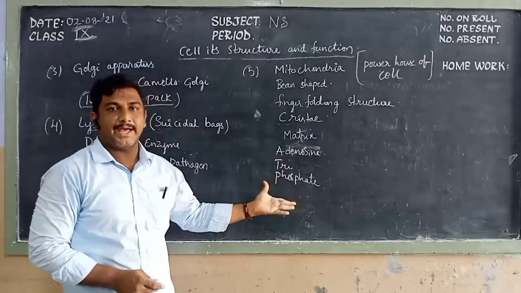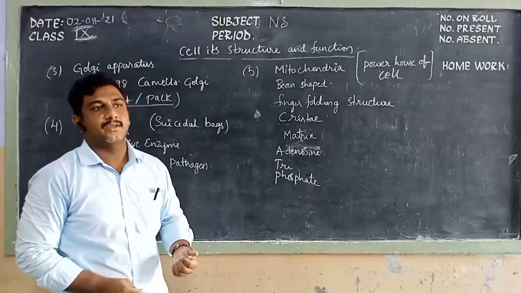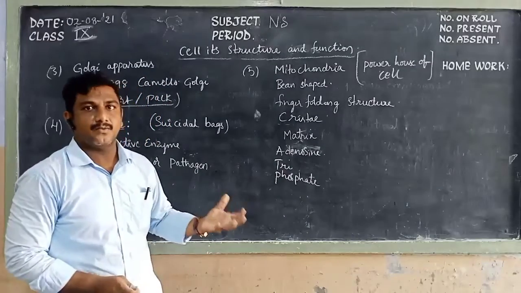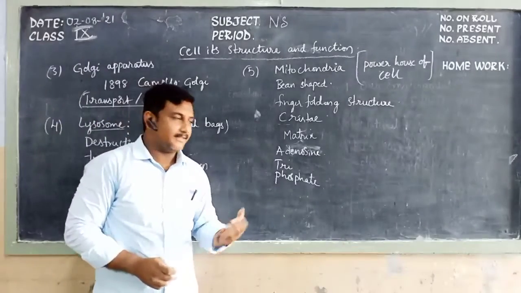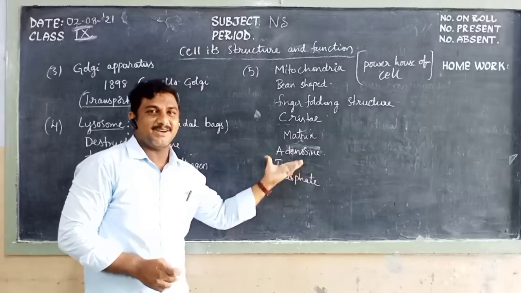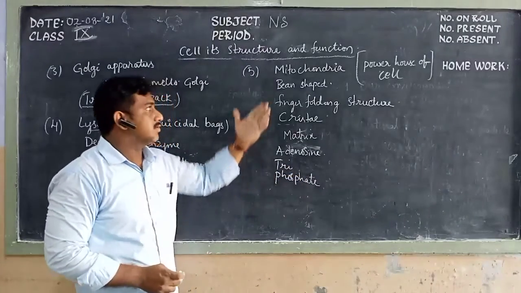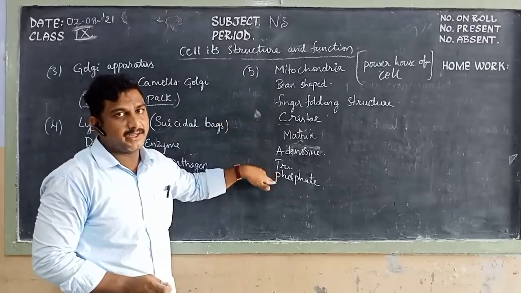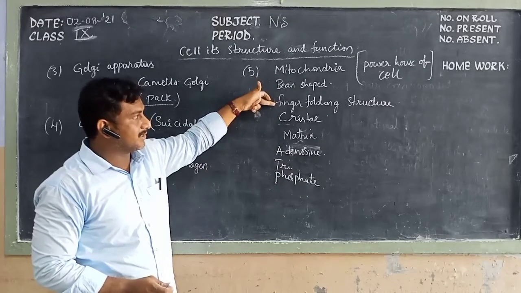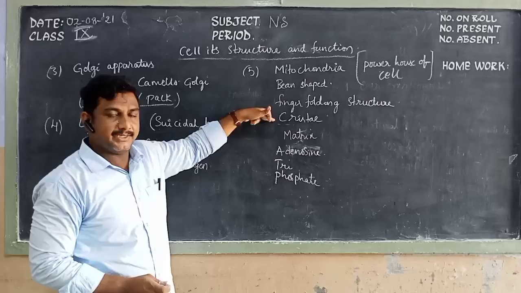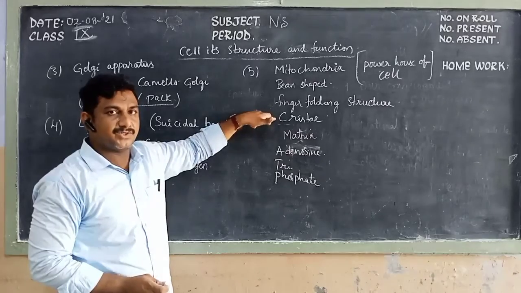ATP is known as the currency of cell. What is that currency? Yes, money. Here, what is the money of the cell? Nothing but ATP, energy. So this is the special structure present in mitochondria. What is the shape? Bean shape. The finger-like projection is called cristae, and it generates the energy from these cristae.